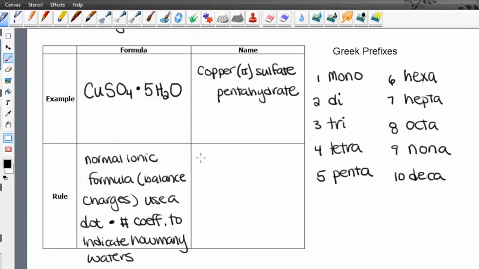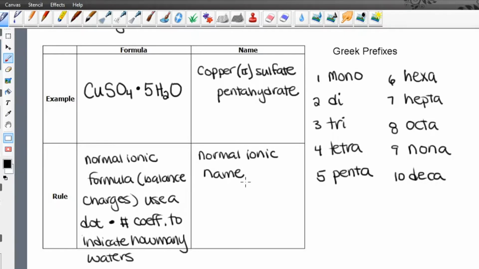As far as rules for naming these things, normal ionic name. That means name your cation, use a Roman numeral if you need to, and then name your anion. Remember, element anion endings change to "-ide."